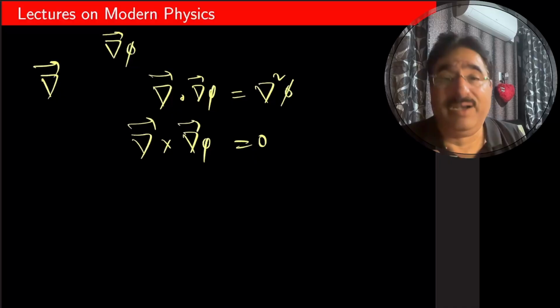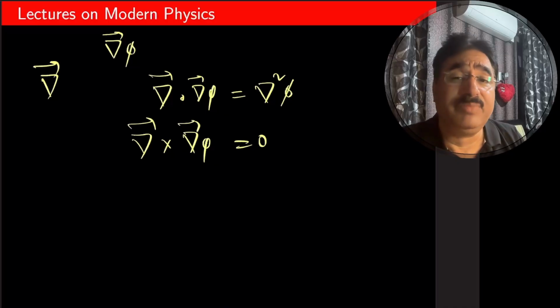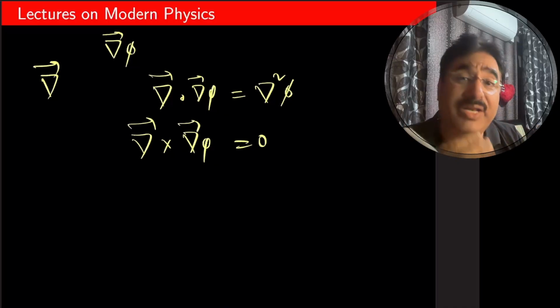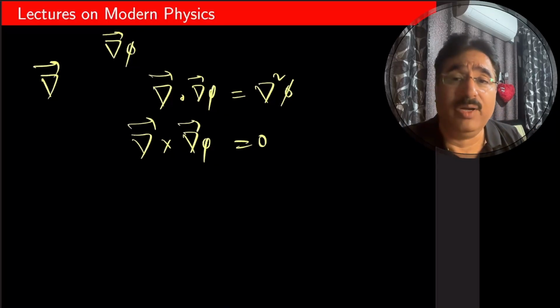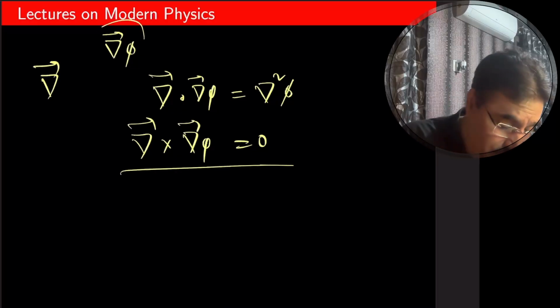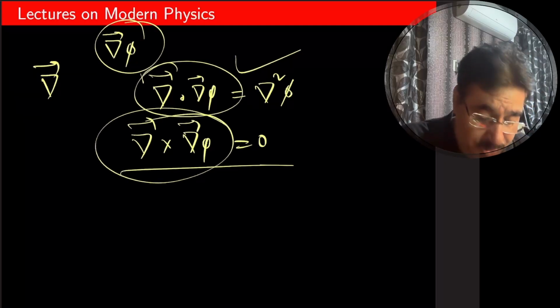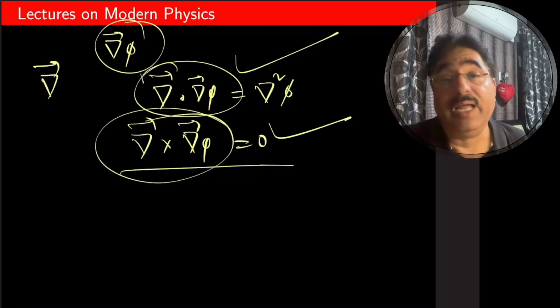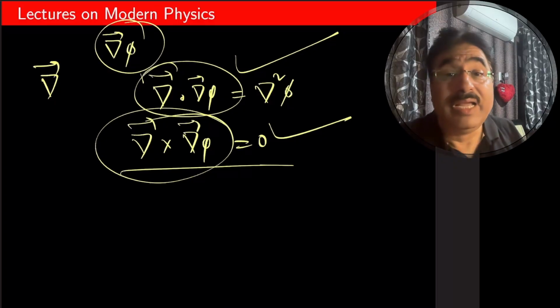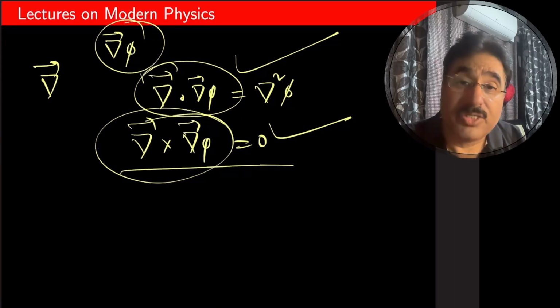It's a very trivial result, not used much in equations, but sometimes important, as it gives a deeper insight into how the gradient works. So we have two operations with the gradient: a dot product gives the Laplacian, and a cross product, the curl, is always 0.